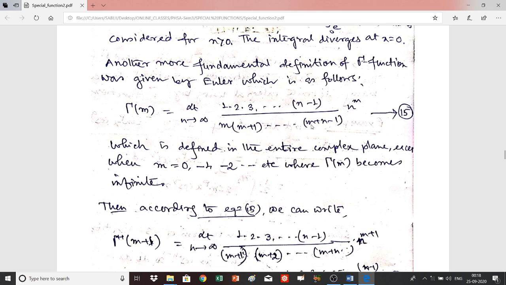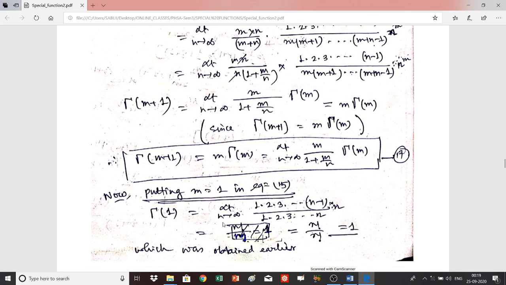This term will give you 1 will cancel out, and finally it will give you n. So that is here, n tends to infinity 1 2 3 in this way n minus 1, and then 1 2 3 in this way n, and here there was a term n to the power n. So since m is 1, so this is n.